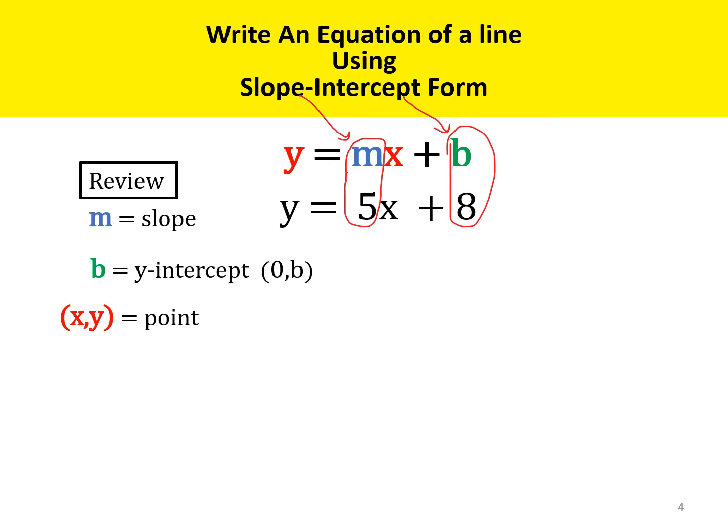These are the 2 pieces of information that are necessary for you to write an equation of a line. If you do not have these 2 pieces of information, the slope and the y-intercept, whatever information you have, you manipulate and calculate to come up with the slope and the y-intercept.